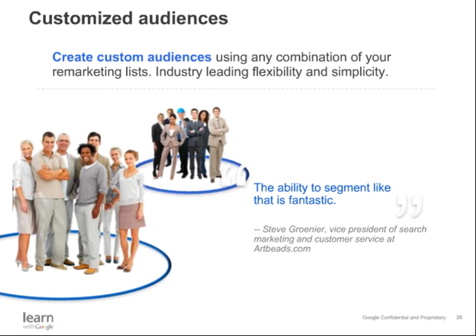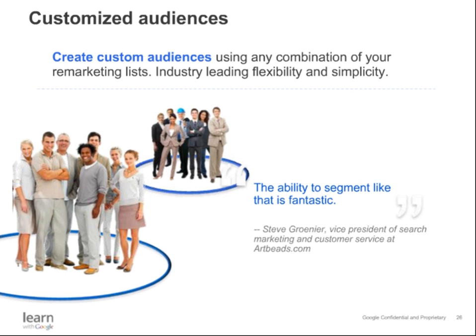Now, finally, I just wanted to talk about customization of audiences, because this will really feed into the back end of the webinar when we start to look at sample executions and that sort of thing. So Google's interface actually allows you to create custom audiences using any combination of the remarketing lists that sit within AdWords. The ability to do this in a very, very time-efficient, flexible, and simple manner is second to none.